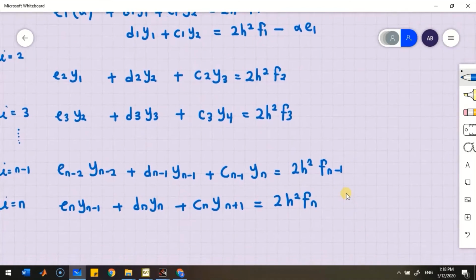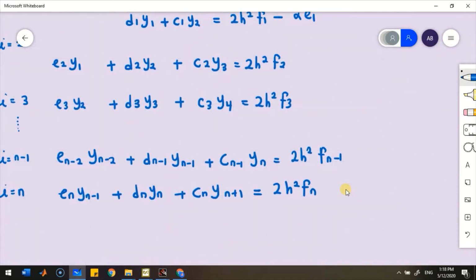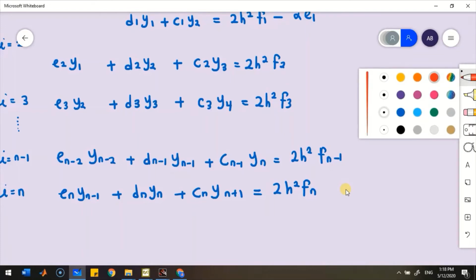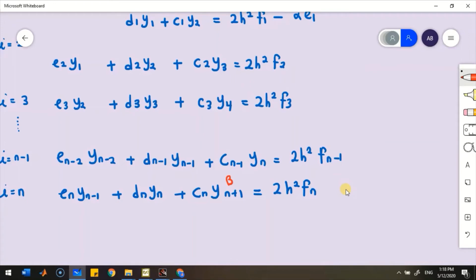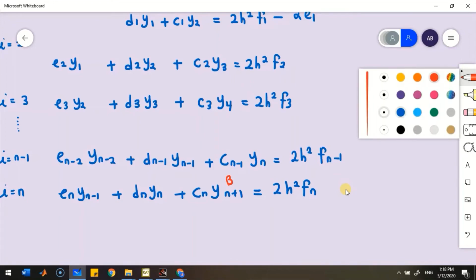Okay, so recall that now, what happened? Let's just look at this n term here. So we know this is beta. So we have beta here.